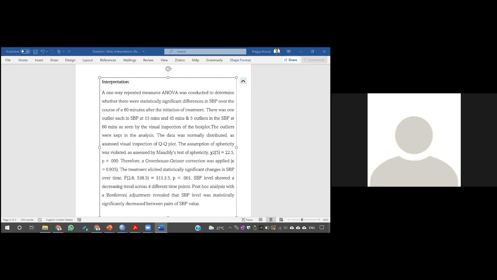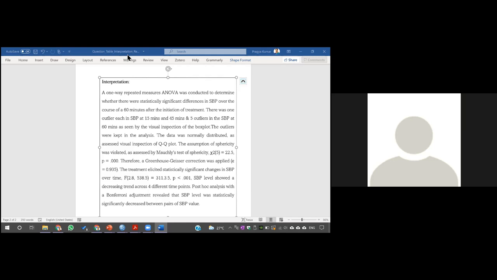The outliers were kept in the analysis. The data was normally distributed as assessed by the visual inspection of the QQ plot. The assumption of sphericity was violated as assessed by Mauchly's test of sphericity. Chi-square was 22.5 and the p-value is less than 0.001. Therefore, a Greenhouse-Geisser correction was applied, that is, epsilon equal to 0.935.